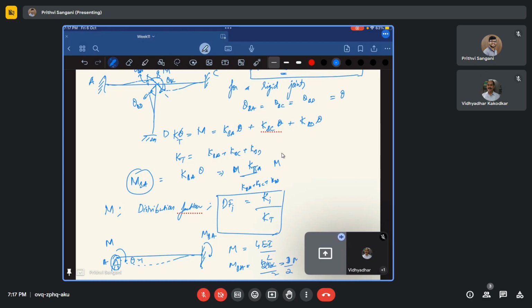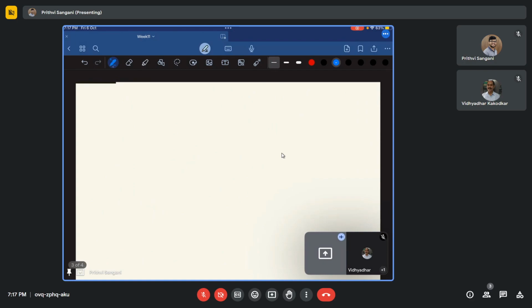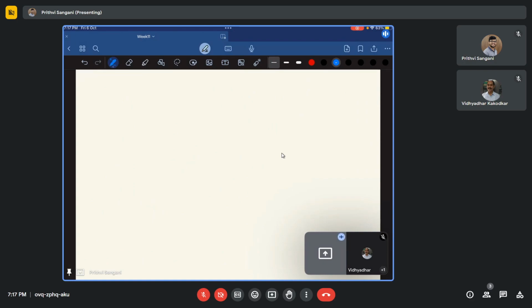This is half of M. So if you have a fixed support and you are applying moment M, the other end of the support will take M by 2. So the carryover factor is generally half in this case.